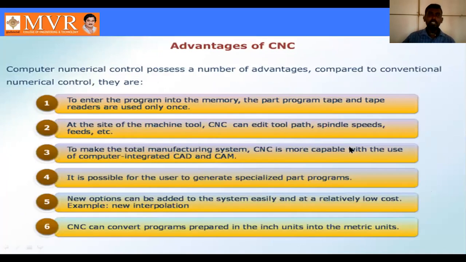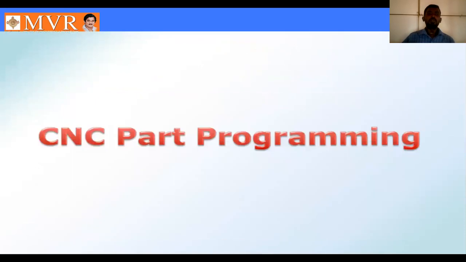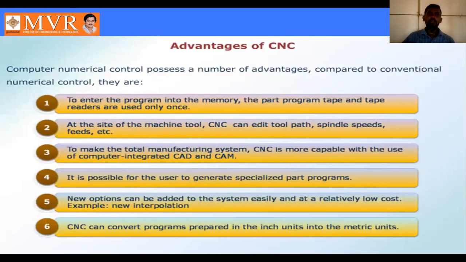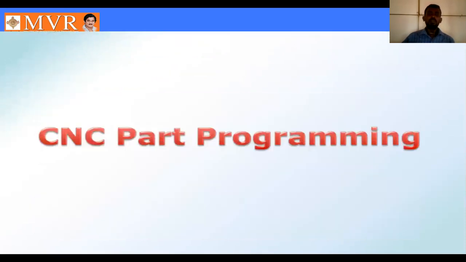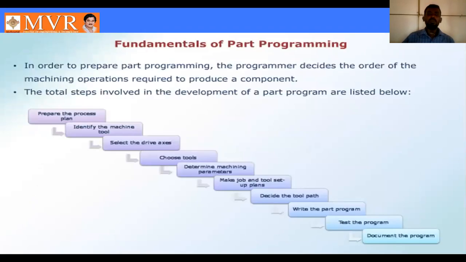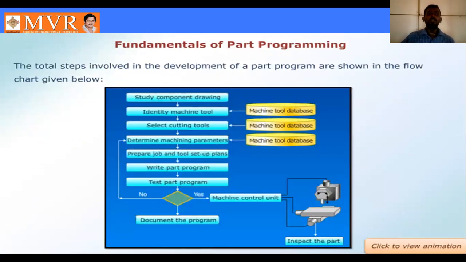Next we can see the advantages of CNC. What are the advantages of CNC compared to numerical control? Next is CNC path programming. How can we write the program? How can we develop the program in CNC? These are the steps involved in the development of path programming.